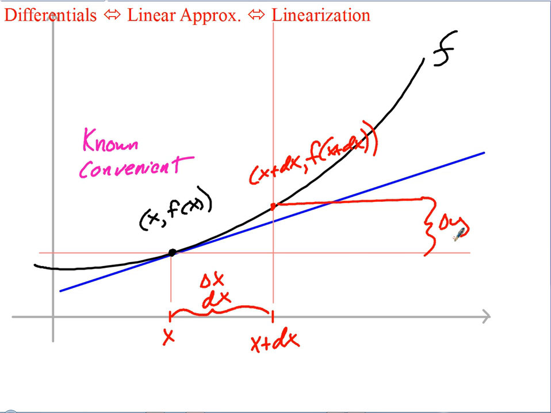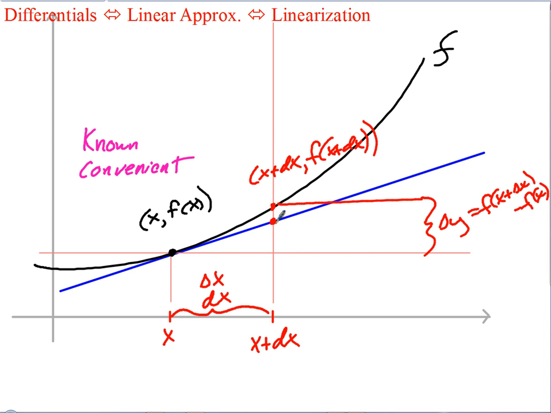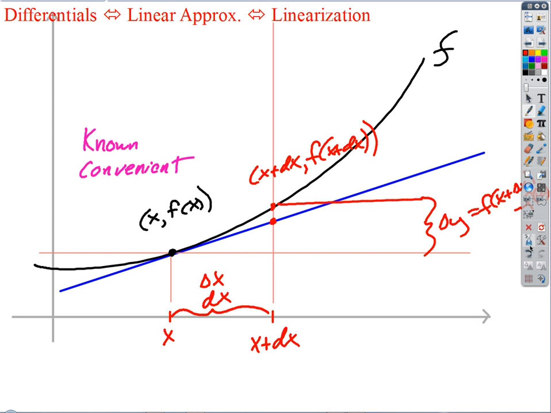Change in y, delta y, equals the difference in those two things. I'm going to run out of space here. f of x plus dx, or delta x, minus f of x. But we could also, let's just use that point right there as an approximation.